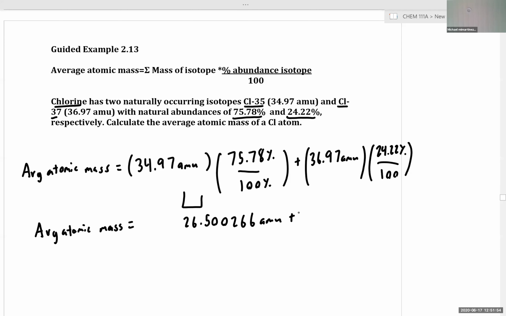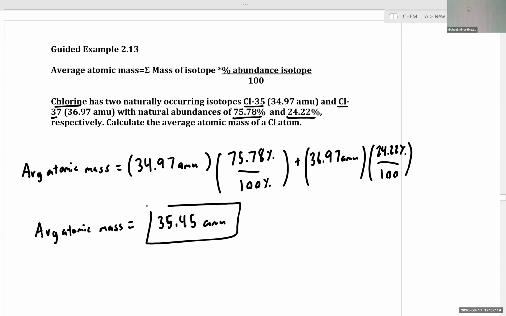You don't want to truncate digits. So if we add both of these terms together in one line in our calculator, we get 35.45 AMU for our total average atomic mass.